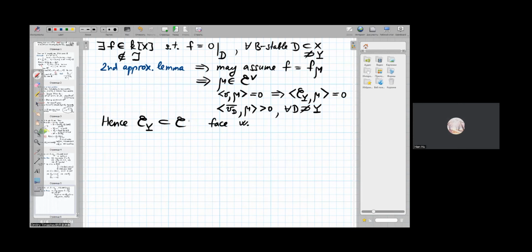The face of C whose relative interior contains V. And the set of colors corresponding to this orbit is exactly the set of colors such that the respective vectors belong to this face.